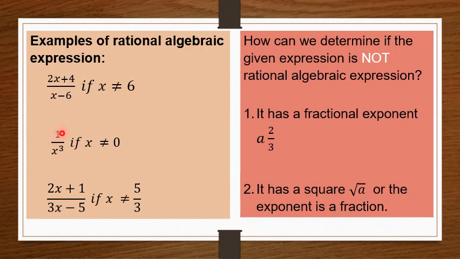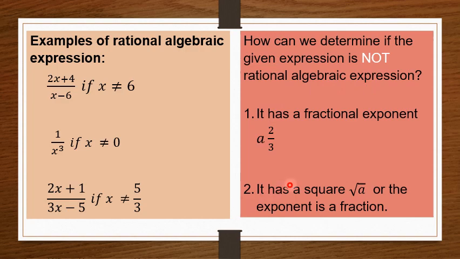So how can we determine if the given expression is not a rational algebraic expression? Take note, number 1: it has a fractional exponent, where the exponent is 2/3. This is a fractional exponent. When you see this, it is not a rational algebraic expression.